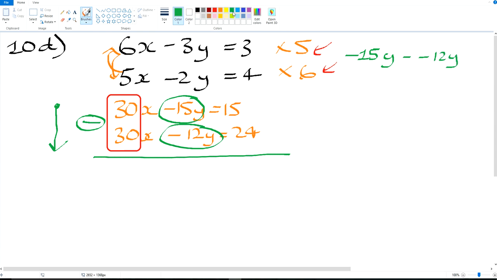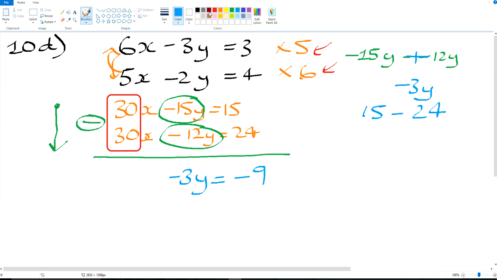Now when two minuses get together, they get really happy, and they change into a plus. So we have minus 15y plus 12y. That'll give you minus 3y. And if we do 15 minus 24, that will give us an answer of minus 9.